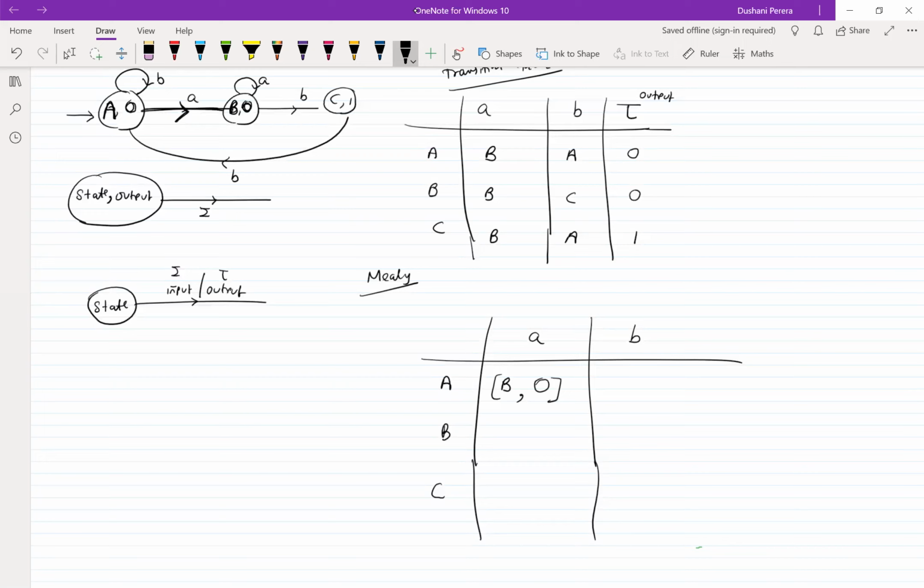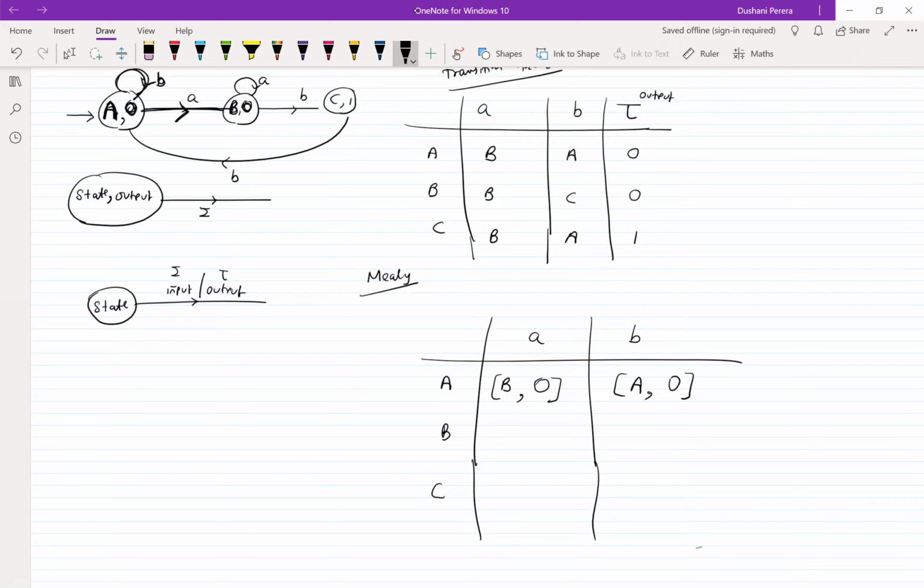Okay, then when you see a b, you are at A, you see a b, then what do you print? You print 0 because you come back to capital A. So here you come back to capital A and you have to print 0 there. So here the state is associated with the output. Do you understand?